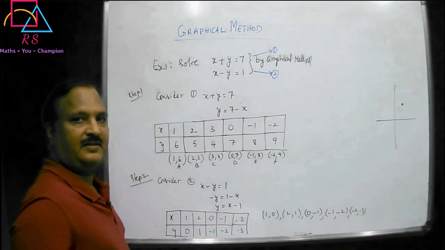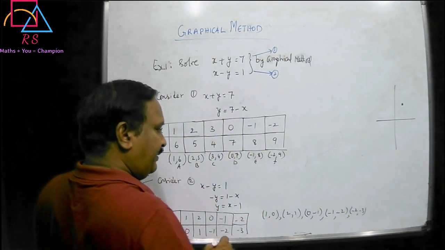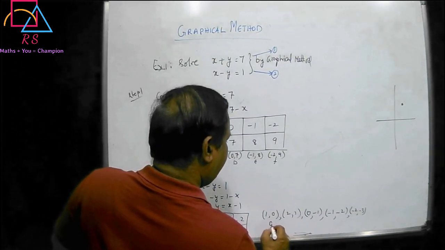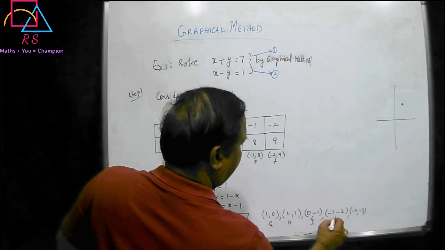We have to name them also. Let us say G, H, I, J, K.